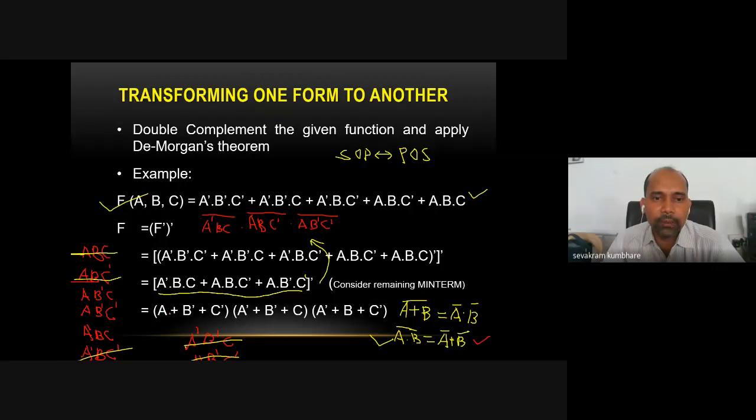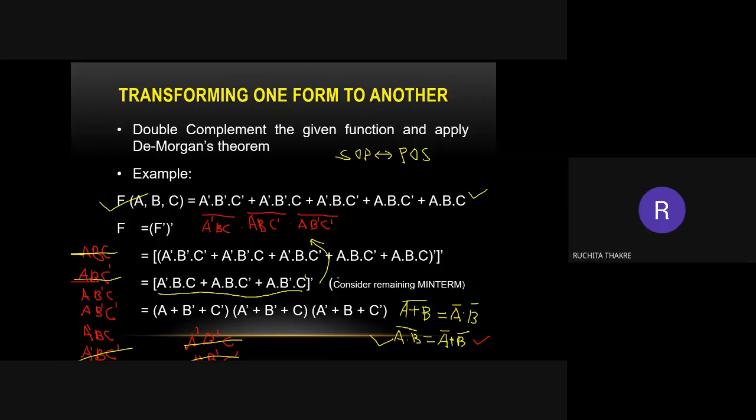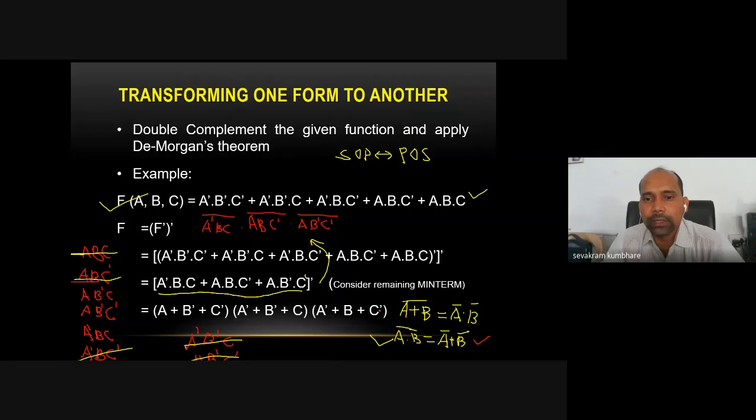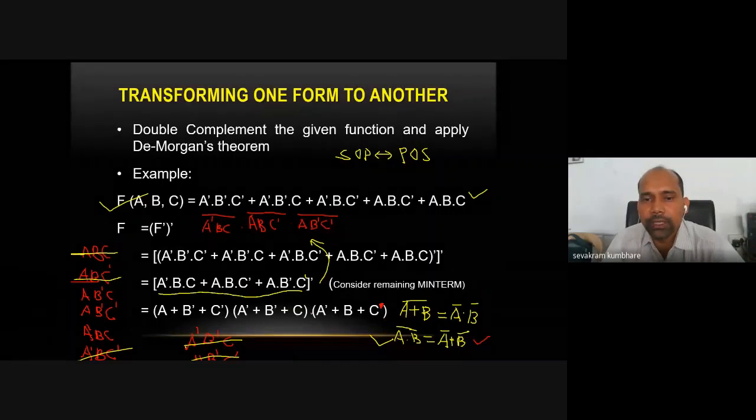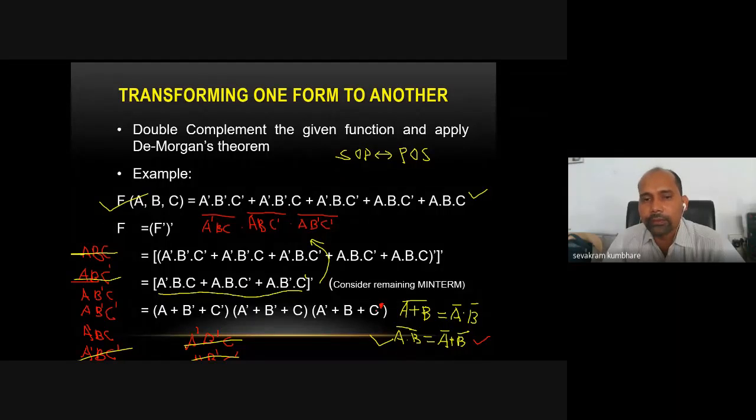So this becomes A plus B bar plus C bar. Similarly for this, A bar plus B bar plus C, and A bar plus B plus C. Bar is not there over here, this was a mistake. Got it? Yes or no?